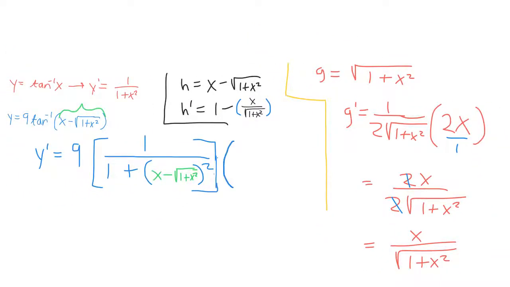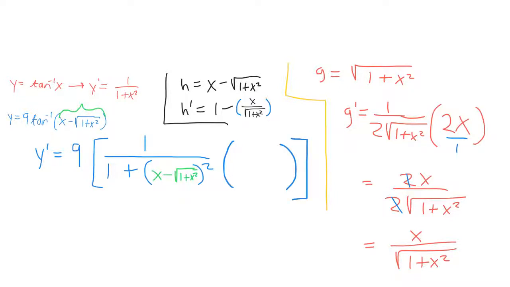But I'm already seeing that I want this 9 to multiply times the whole thing. So actually I'm going to get rid of this bracket. And we're going to take that bracket and put it over here.